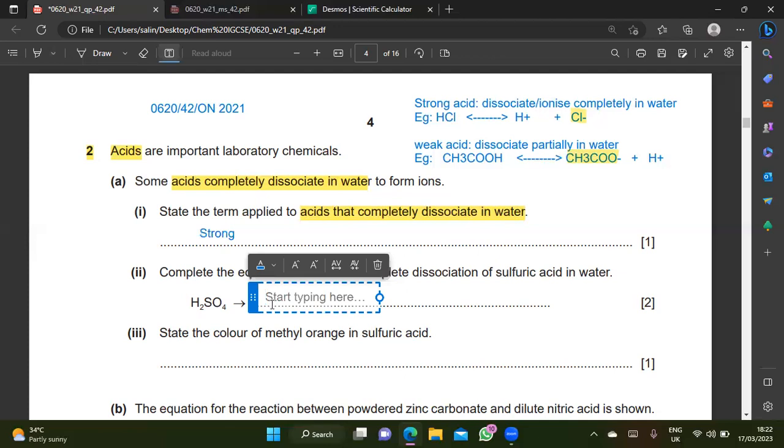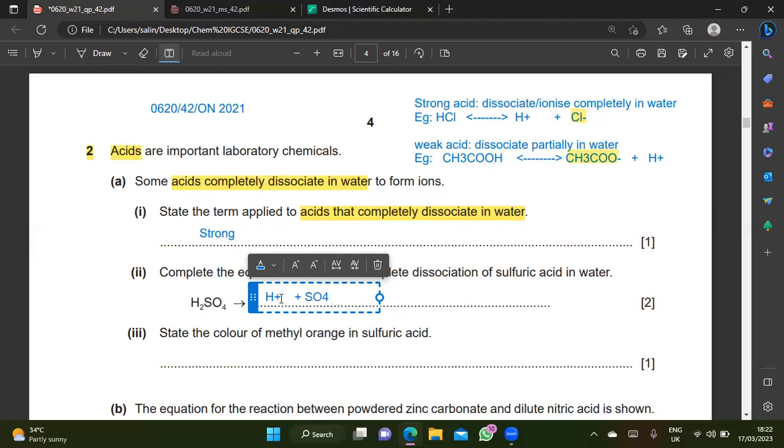So it's going to be hydrogen ion and sulfate, SO4 2-. Now remember the charge is supposed to be superscript, but because I'm typing it here, do not misunderstand. It should be superscript here.